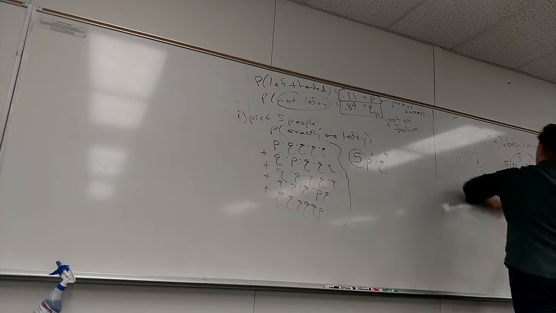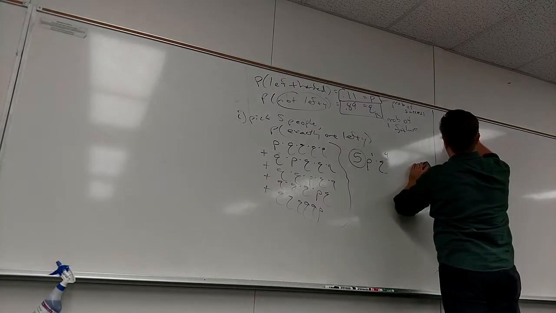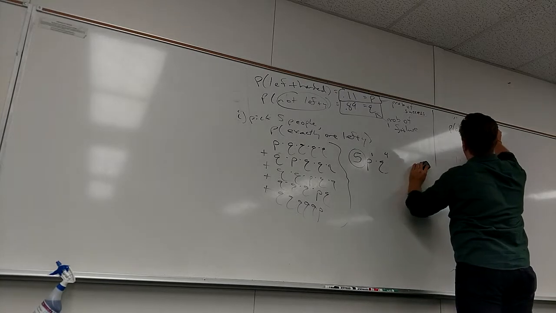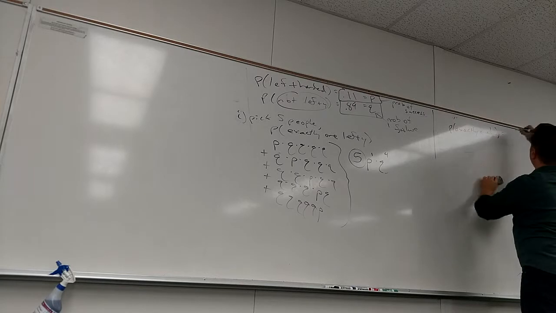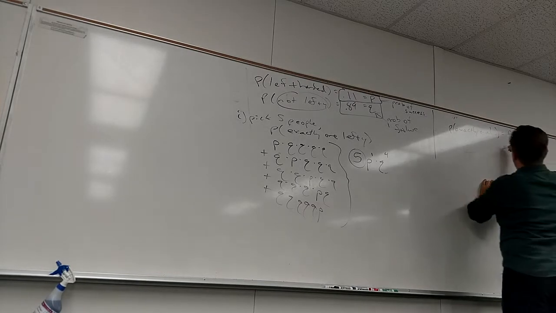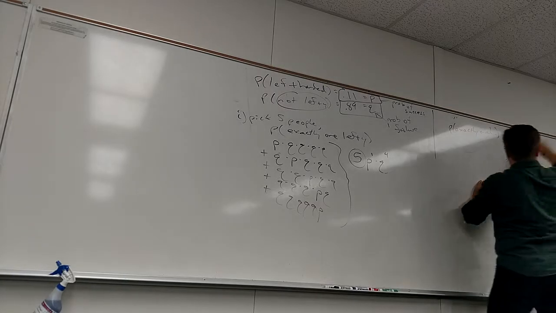So, if we do the work here, the probability of exactly 1 left-handed is 5 times p times q to the fourth. P was 0.11, q is 0.89, and then you just have to throw that in the old calculator.